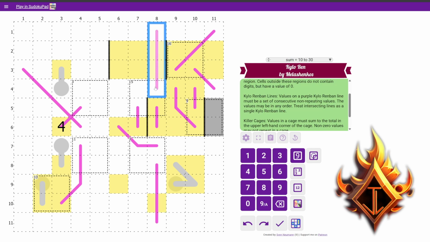Oh, but several of these can be 0 though. No, they couldn't be. There won't be 2 grays on these verticals.